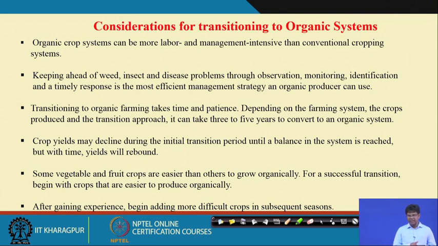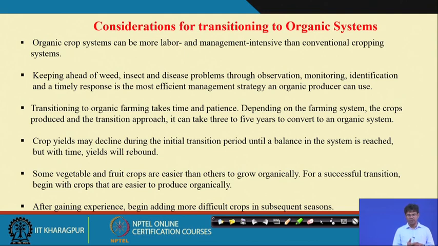Crop yields may decline during the initial transition periods until a balance in the system is reached, but with time the yields will rebound. That means during transition periods, as we are not applying any chemical fertilizers, we are doing it fully the organic way. So, for some crops the yield may not be attained as with chemical fertilizer. There may be a slight decline in the yield.